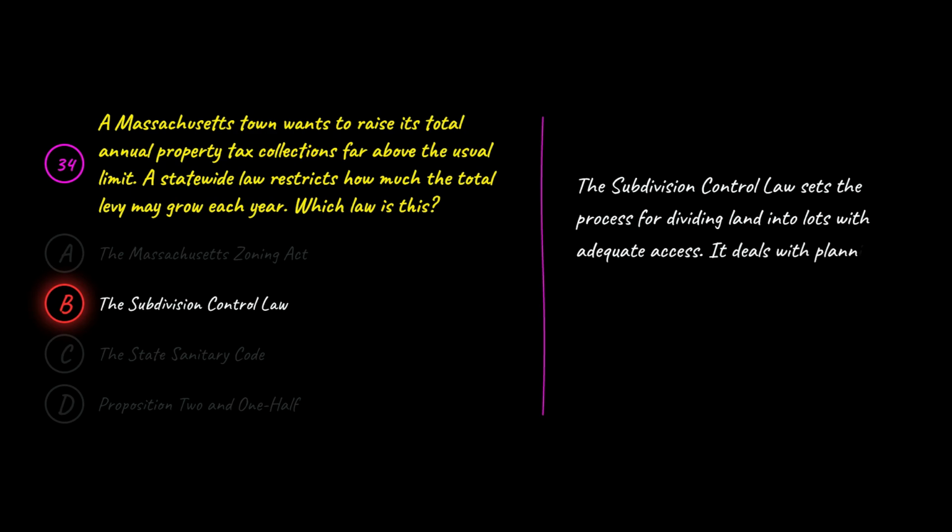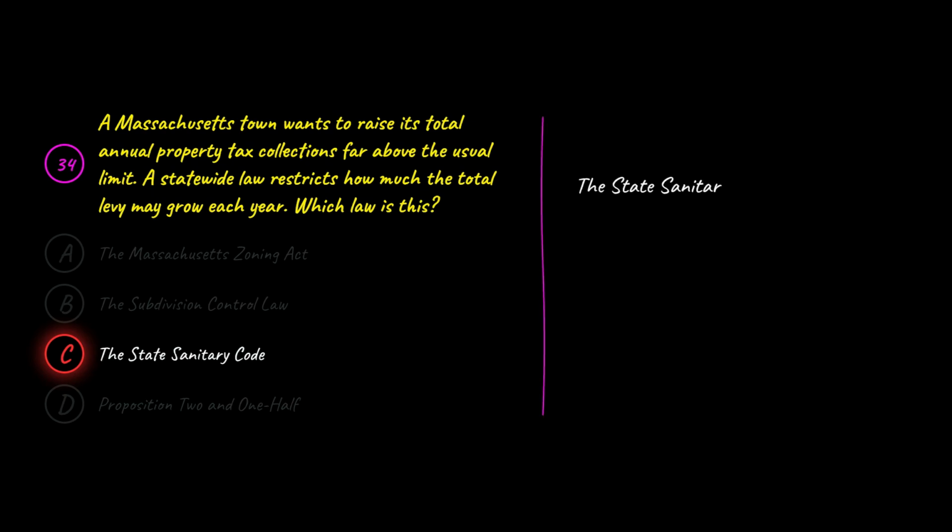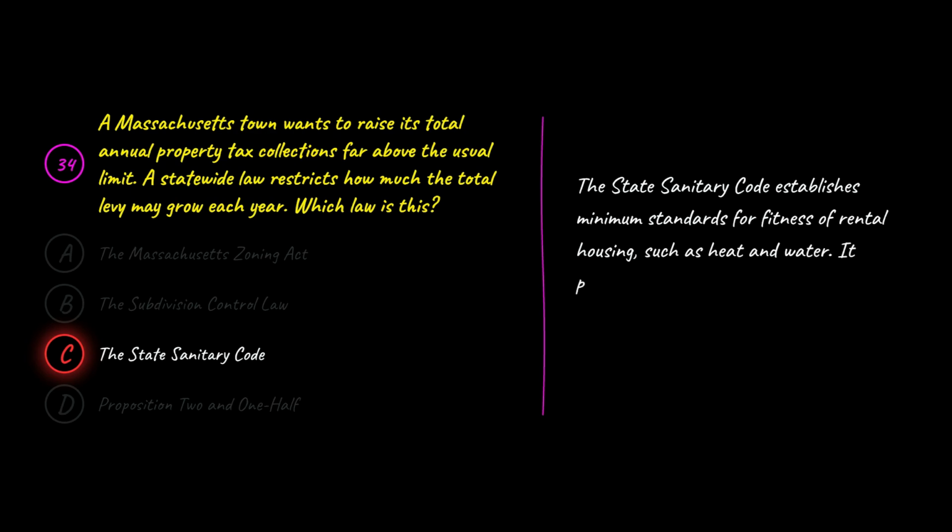It deals with planning board review of subdivisions and has nothing to do with limiting annual tax collections. C is wrong because the State Sanitary Code establishes minimum standards for fitness of rental housing, such as heat and water. It protects tenants and bears no relationship to the ceiling on a town's property tax levy.